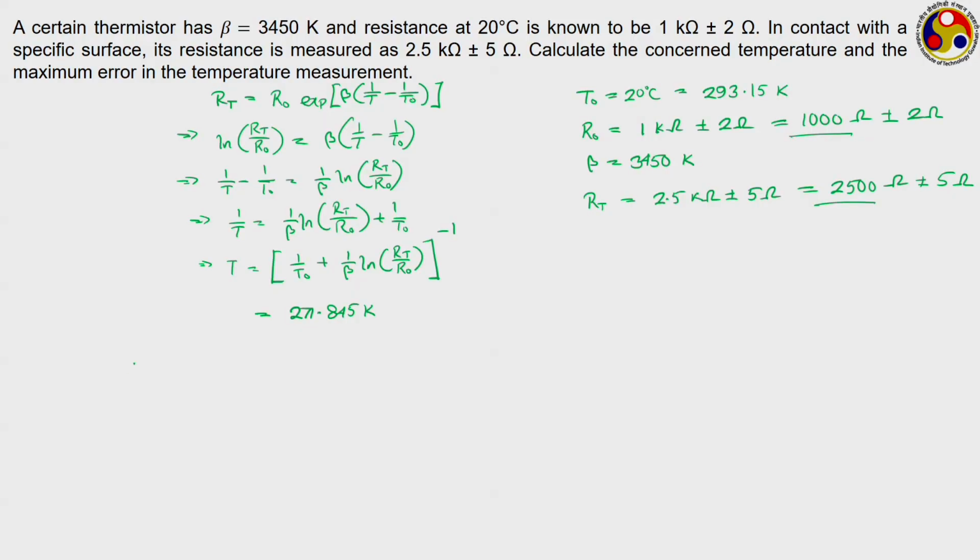So, we have to calculate the corresponding sensitivities, that is dou T dou RT. How much will that be if you calculate this? It is going to be minus 1 into the whole thing, 1 by T naught plus 1 upon beta ln RT by R naught, whole to the power minus 2, into, if we go inside this now, 1 upon beta into R naught by RT.